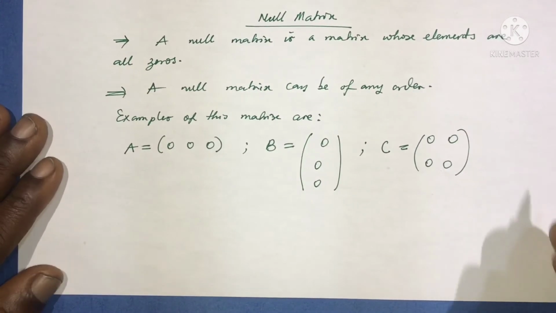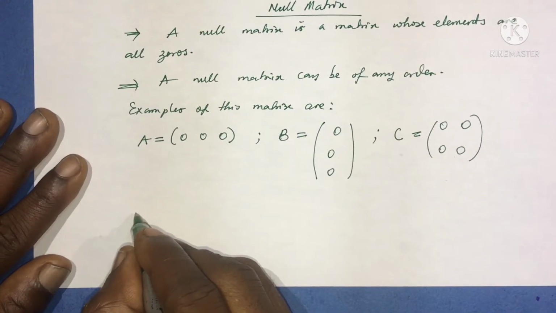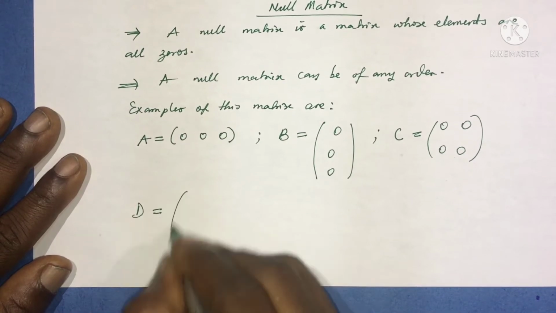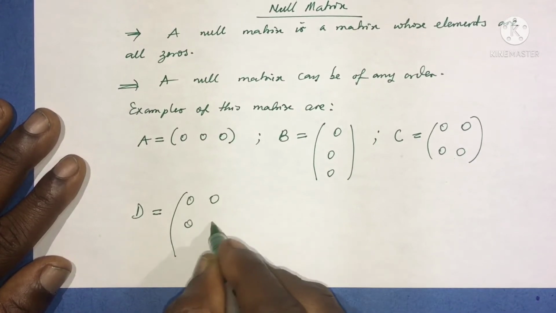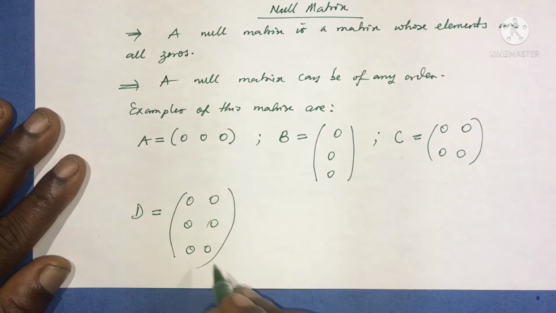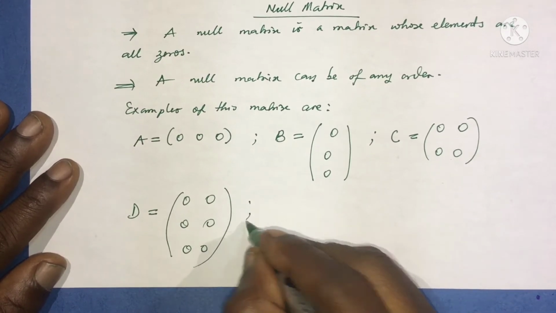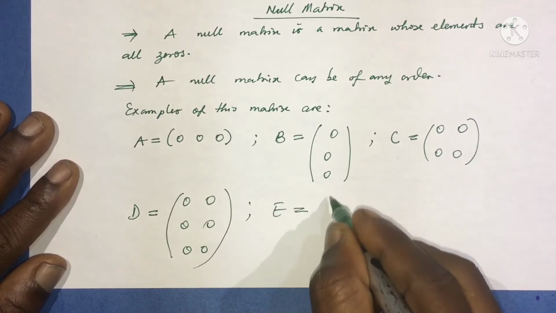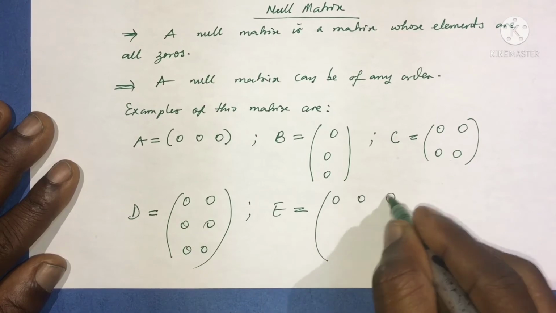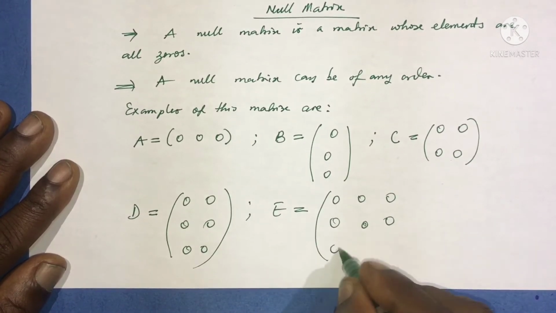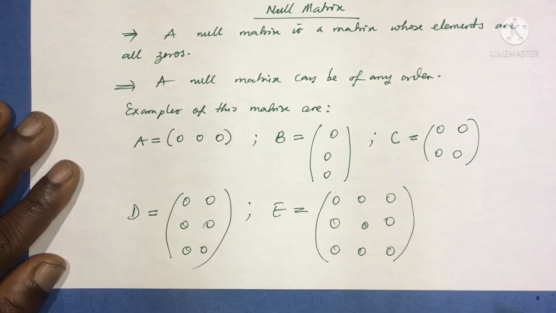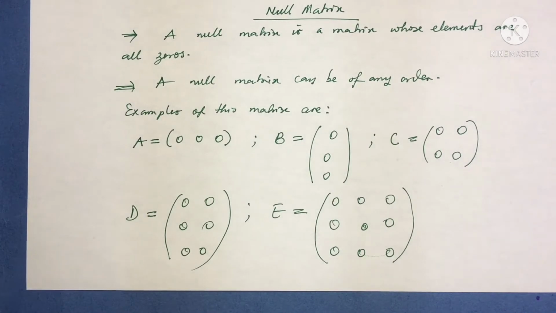This will be a null matrix. I could write another matrix D having 0, 0, 0, 0, 0, 0. This is a null matrix. I could have another matrix E having 0, 0, 0, 0, 0, 0, 0, 0, 0. This is a null matrix. These are all examples of null matrices. All it takes to be a null matrix is to have all your elements as zeros.